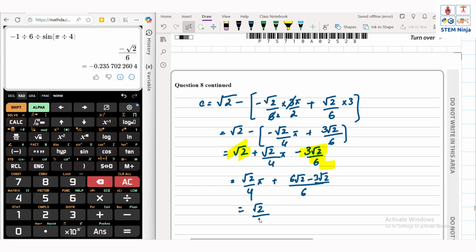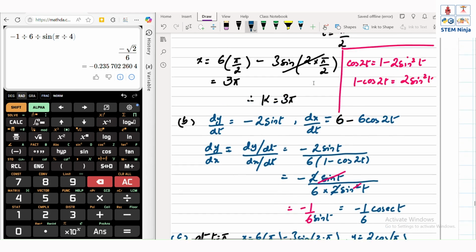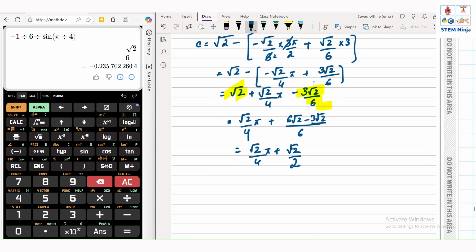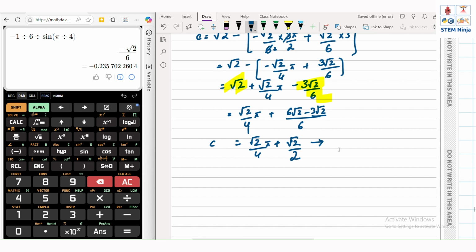That simplifies to minus root 2 over 4 pi plus 1 over 2 root 2, because 3 over 6 becomes 1 over 2, so root 2 over 2. So this was the coordinate of N. The y-coordinate of N is this. Okay, moving on.